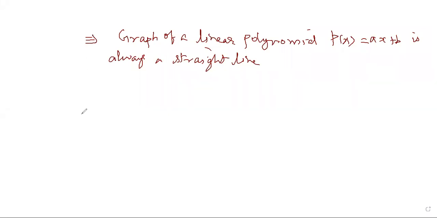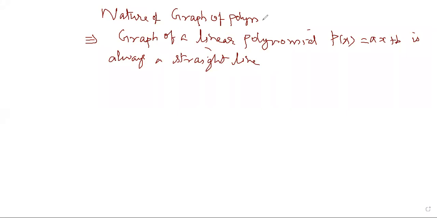Now, these are the graphs. We can find the nature of the graphs of polynomials by their degree. Without drawing, we can tell which type of graph there will be for which polynomial.